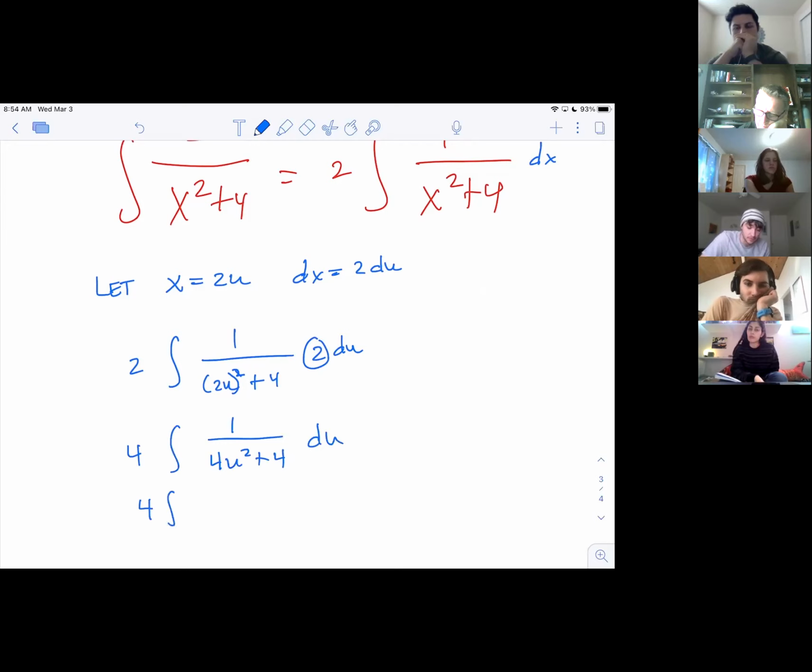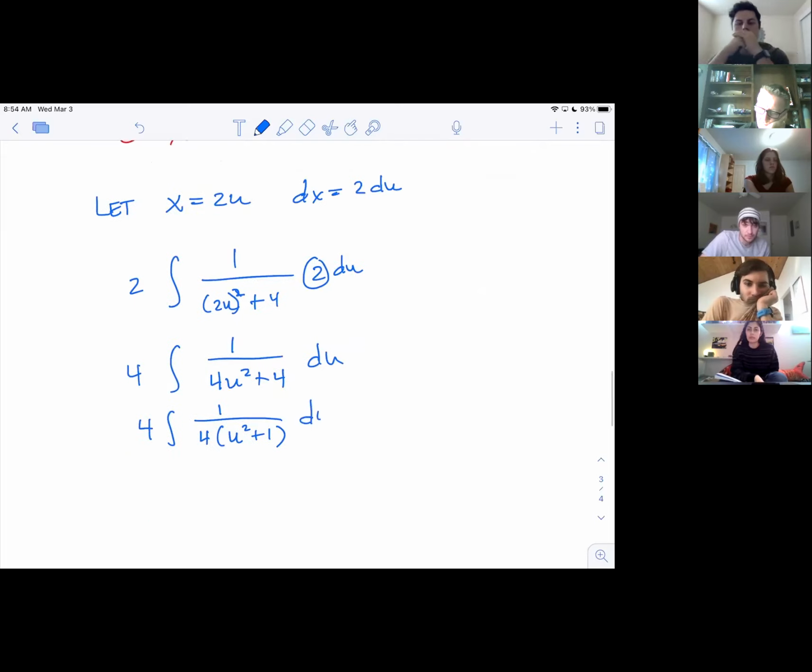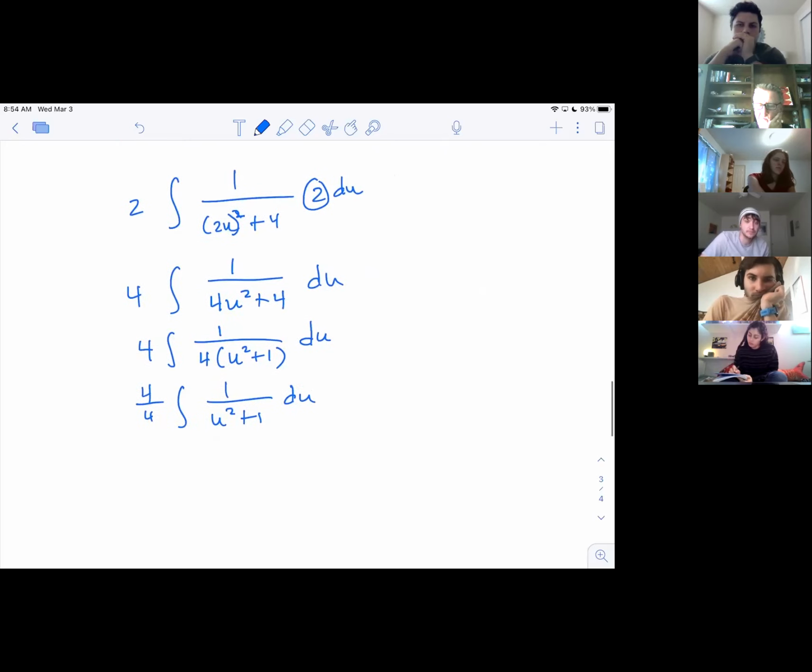That's extremely good because now it's 1/4 times u squared plus 1, and that 1/4 comes out so that outside there's just a 1. And now you have 1 over u squared plus 1. So that's the arctangent of u.